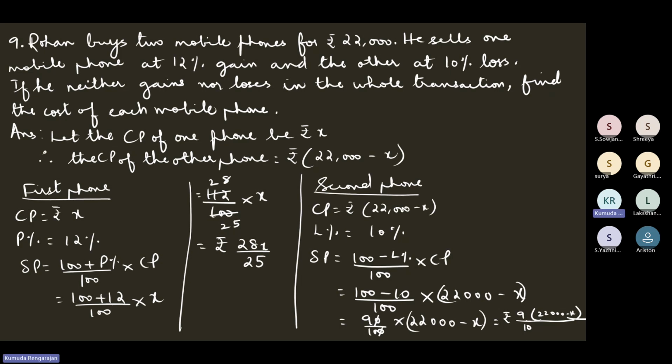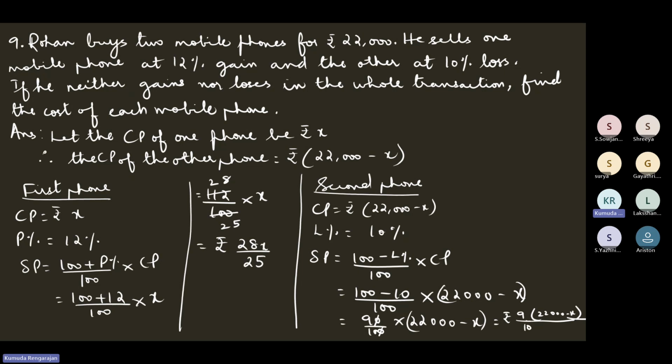See, if there is no profit or loss, that means whatever money he gains by selling the first phone, he loses that money when he sells the second phone. That's why no profit, no loss.